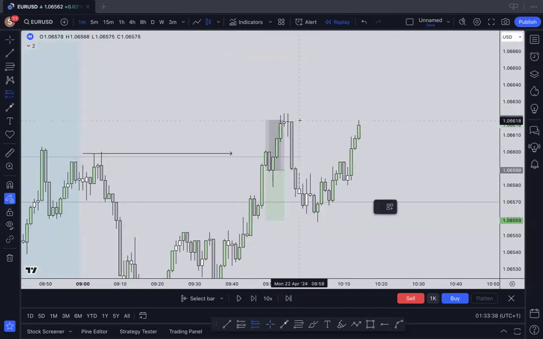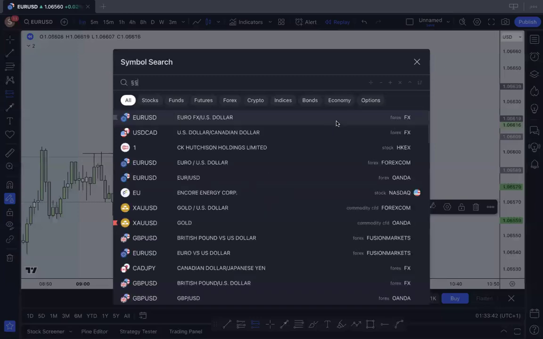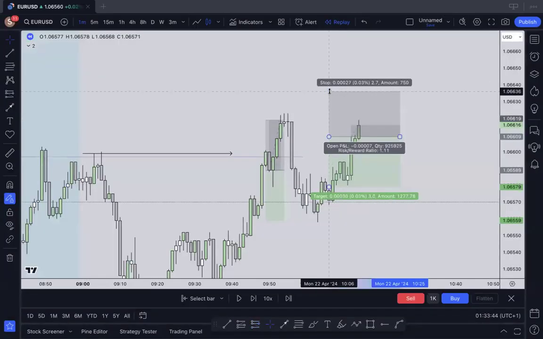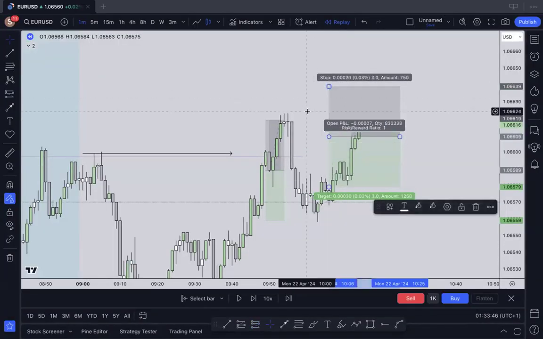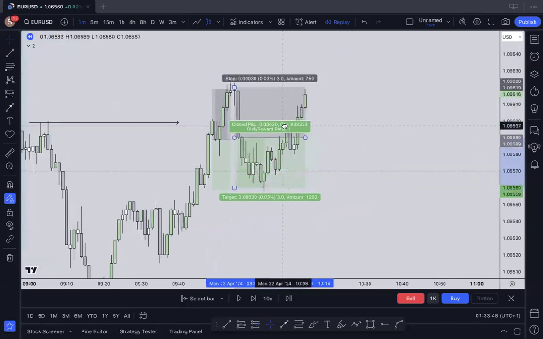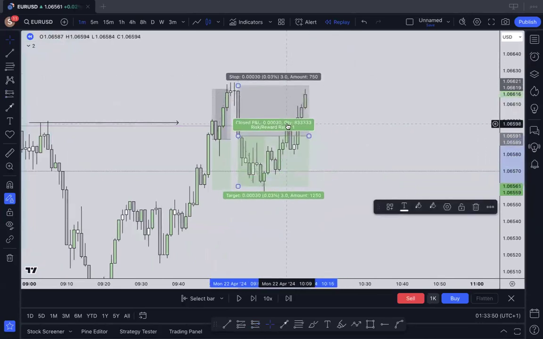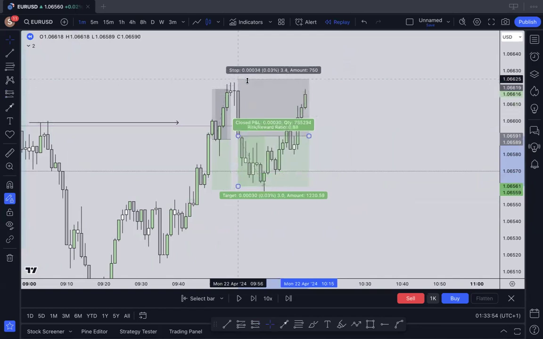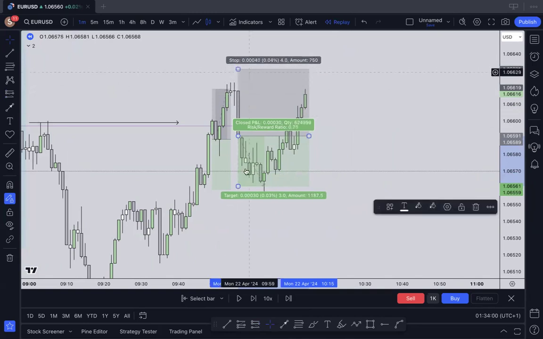Now, where would you be looking to enter on this? You can either look to enter on the liquidity candle here, okay, and have a 3 pip stop loss, or you can look to enter here on the engulfing at market value. And there you would have maybe a 4 pip stop loss just to cover the high. Okay.